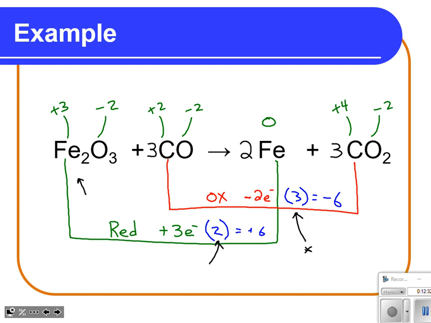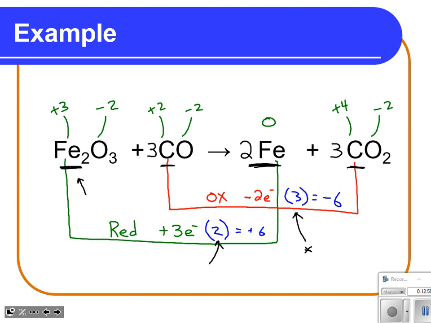So now when I go through and double check, I look at step 5, which says to check to be sure that the equation is balanced. Well, I look at iron. On this side of my reaction, I have 2, and I have 2 irons over here. I look at carbon. I have 3 carbons on this side of my reaction, and I have 3 carbons on this side.